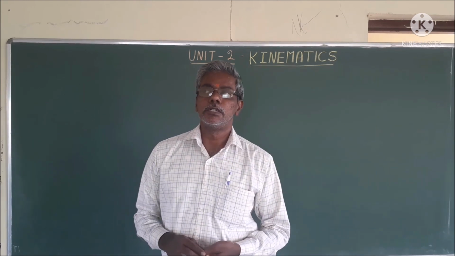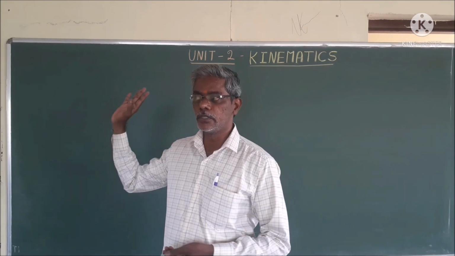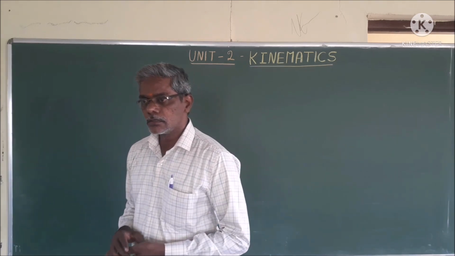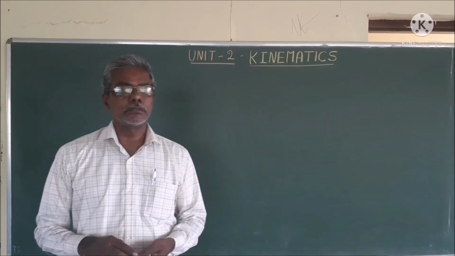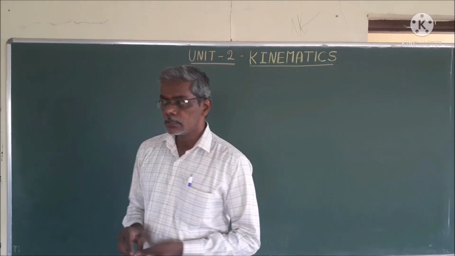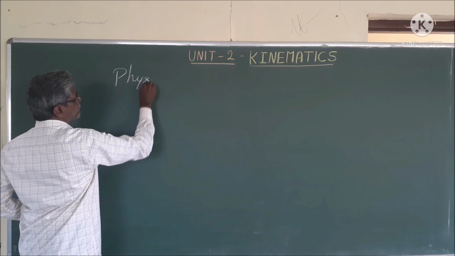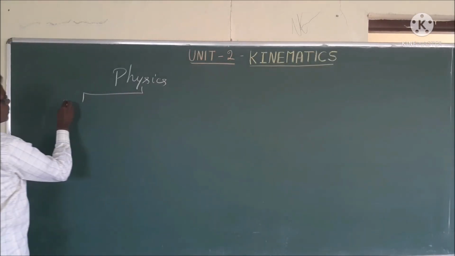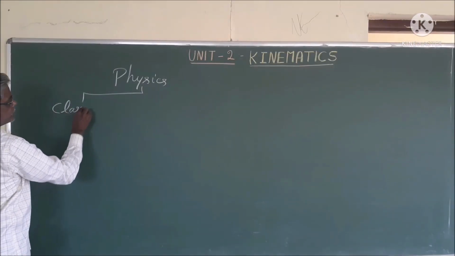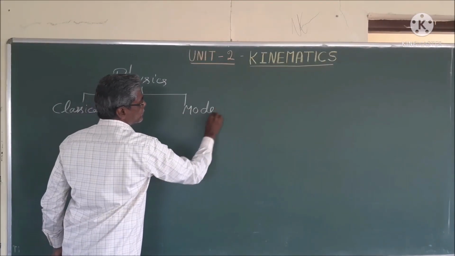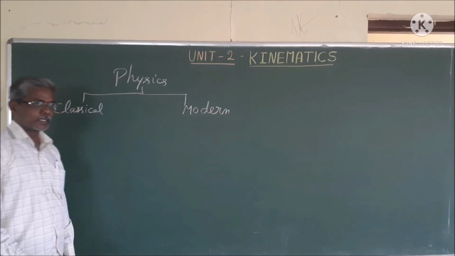Today we are going to a new unit, that is unit number 2, kinematics. Last unit we discussed the branches of physics. Physics is classified into two types: one is classical physics, the other one is modern physics.